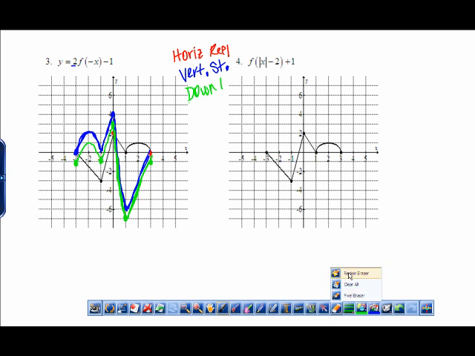I'm going to go ahead and erase that blue. We don't need it anymore. And if you got lost on any part of this, just rewind the video, rewatch that part. There we go. Final answer in green.